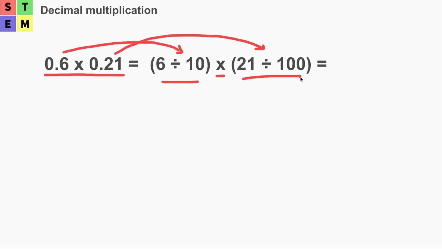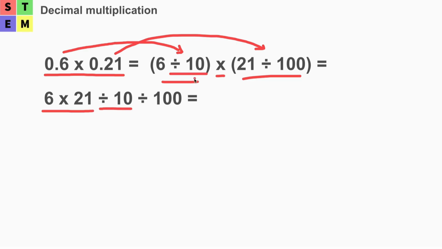Now what we can do is calculate 6 times 21 first, and then divide by 10, as here, and divide by 100, here.